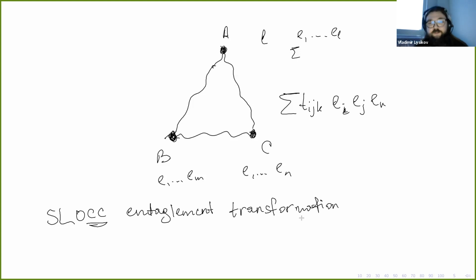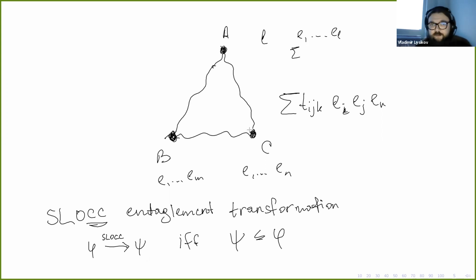And the question is, if we have a given state between three parties, which other states we can get from this state? And the thing is exactly that if we have state phi, it can be transformed to psi if and only if psi is a restriction of phi. This is for pure states. For mixed states, there is some other theory, but for now this is it.